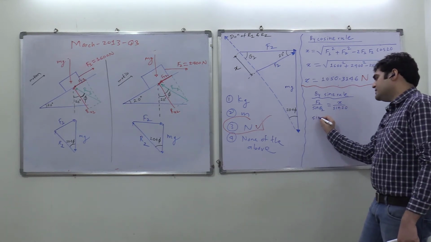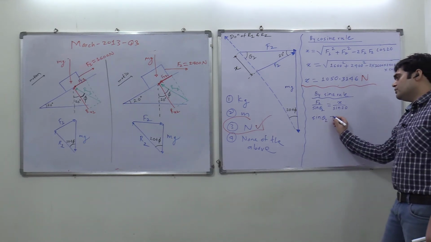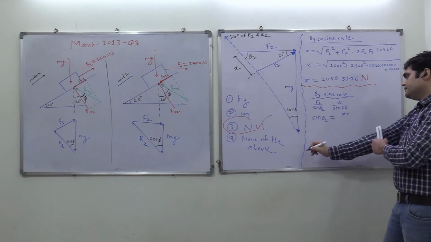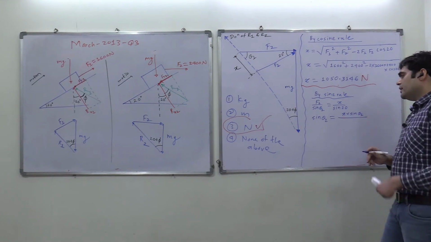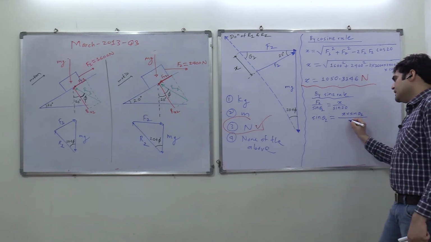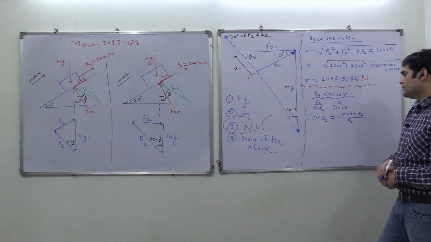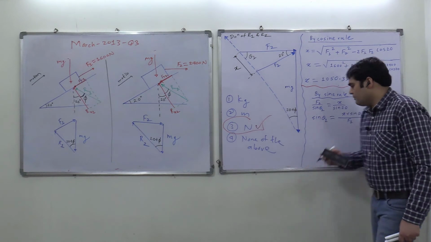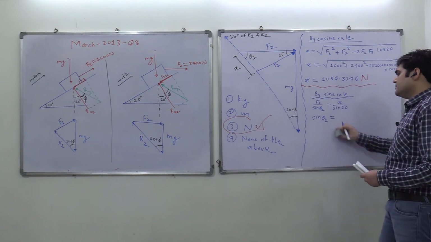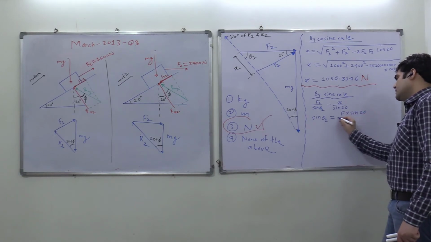So sine theta 1 is equal to, check it out mathematically, I may be wrong. Sine theta 1 will be equal to F1 into sine 20 divided by x.